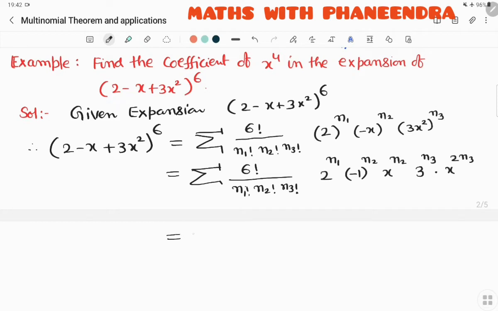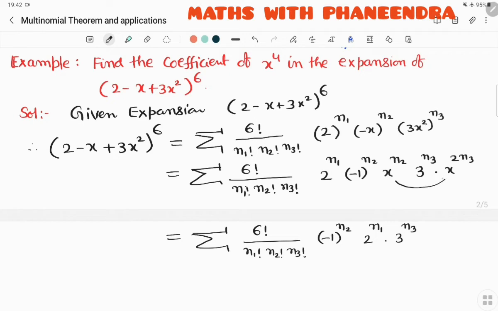So this expansion will come as sigma 6 factorial by n1 factorial into n2 factorial into n3 factorial. First you write minus 1 whole power n2, 2 power n1 into 3 power n3. So here the bases are equal, no, so powers should be added. So x power n2 plus 2n3.